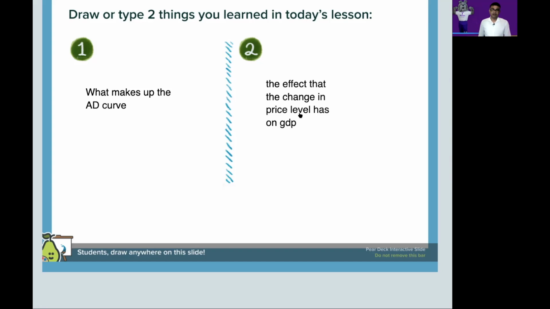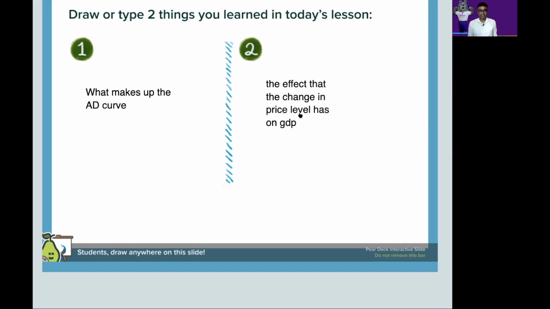And then we tried to understand why the aggregate demand curve is downward sloping, which we explained with the wealth effect, interest rate effect, and exchange rate effect. And then finally, we studied when the aggregate demand curve will shift right or left, and we did one exercise.